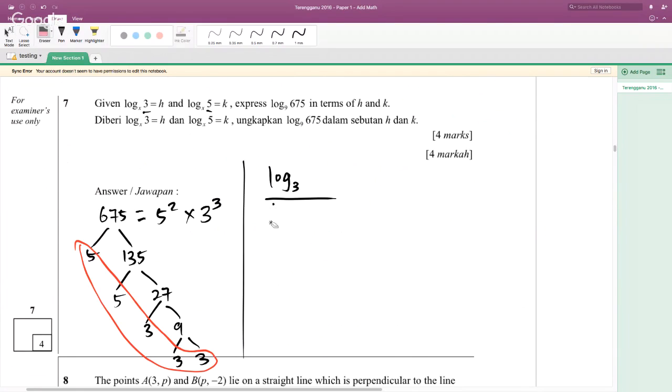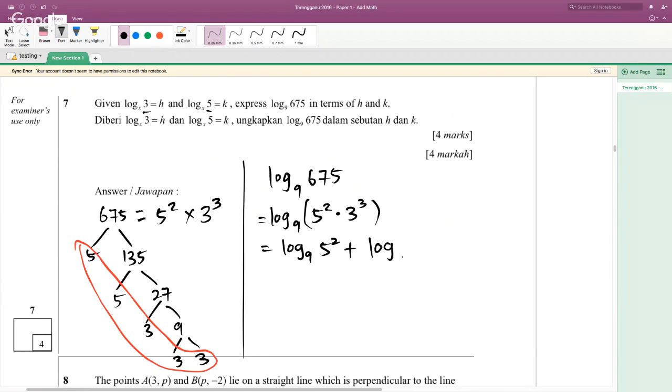No, it's fine. I just do it step by step. 675, this one should be 5 square multiply with 3 cube. Right, then log tells us that multiply, if we separate them, it should be plus. So 3 power of 3.